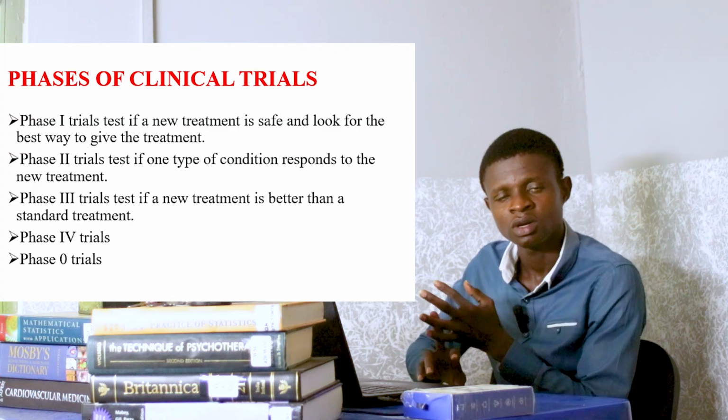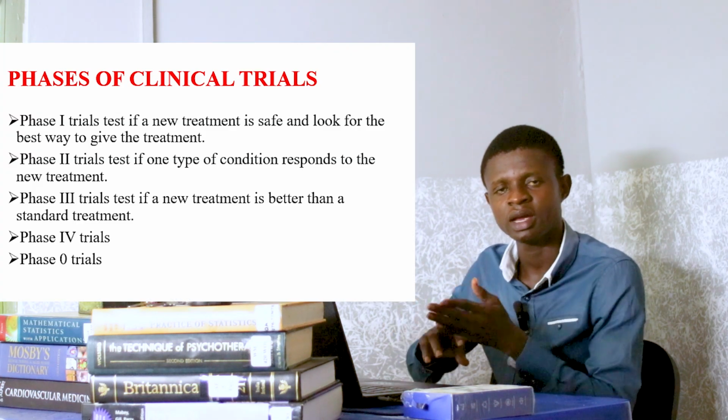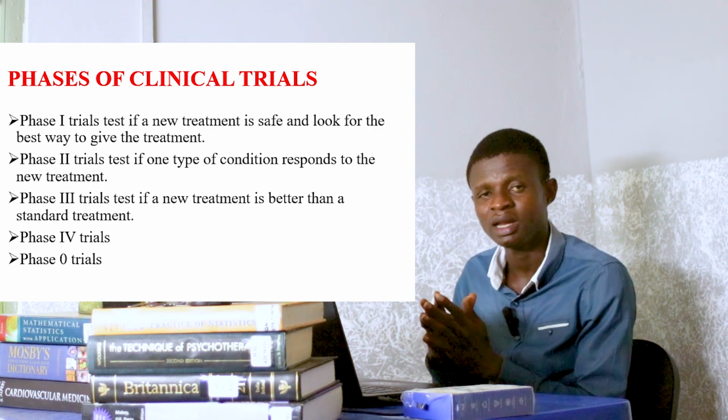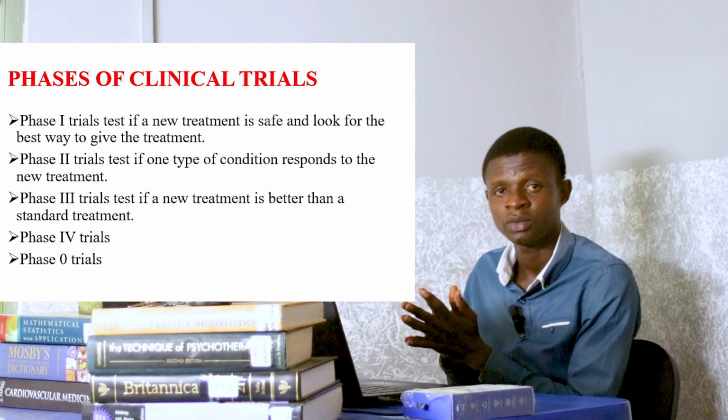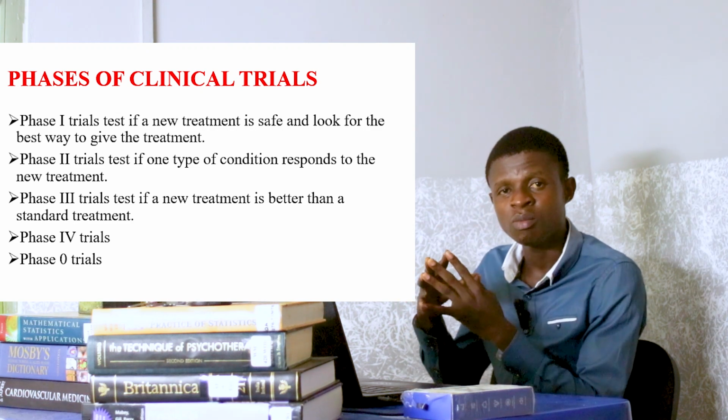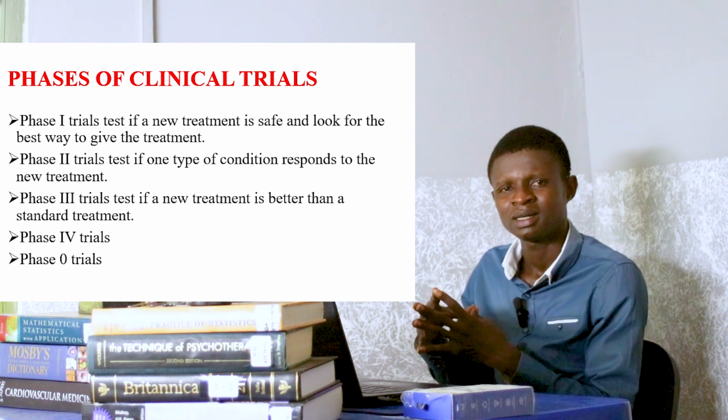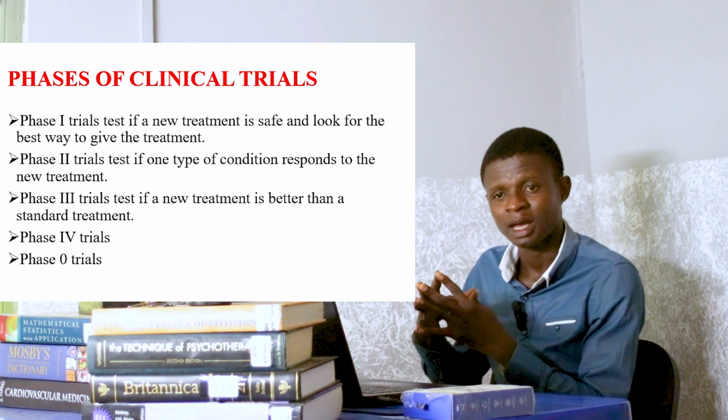So I've done a detailed lecture on the various phases, that is phase 0, phase 1, phase 2, phase 3, and phase 4. I've done a detailed lecture on them so that you'll be able to understand it best at every stage what you are expected to do. So I'll end here for today.